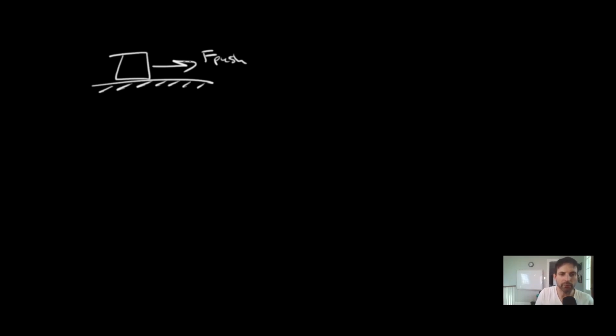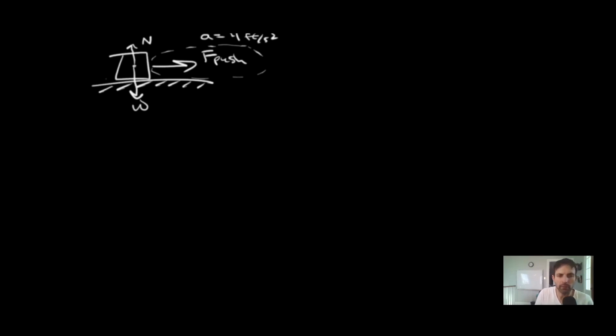So if this is the only force that I see besides the weight, which is opposed by the normal force. And like I said, there's no friction force. We're ignoring the friction force.